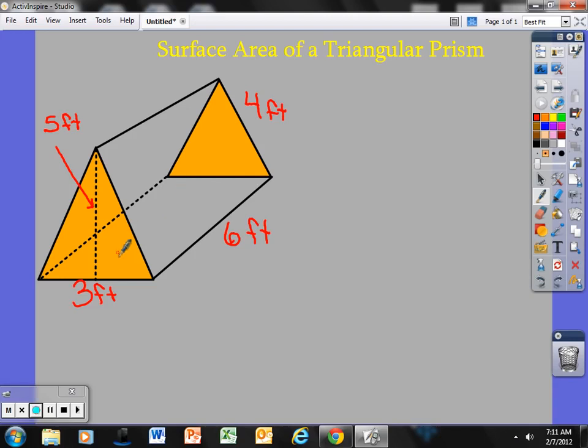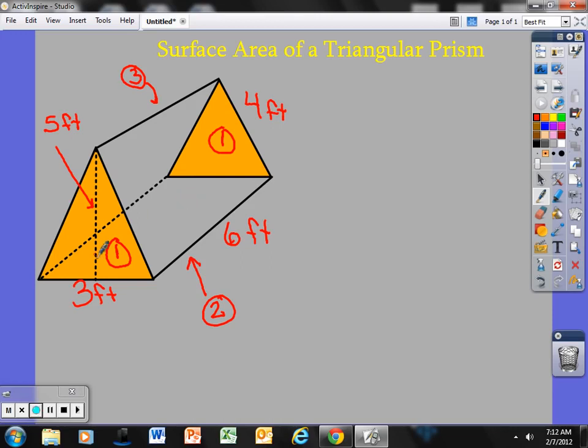So I'm going to label the triangles 1, because those are both the same. I'm going to label the bottom shape 2, and these two rectangles that form the sides I'm going to label 3. So I essentially have 3 shapes put together to form this triangular prism. Now I must find the area of all 3 of the different faces and then combine them.